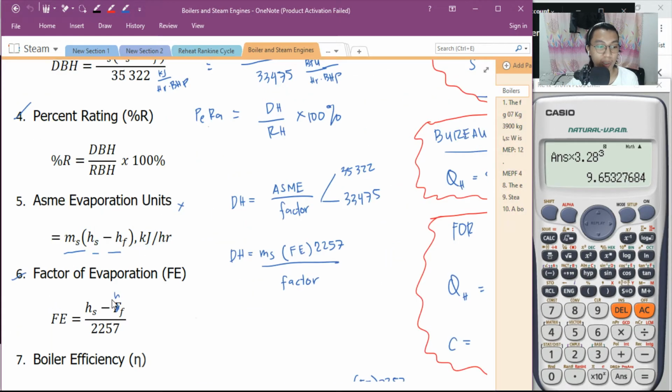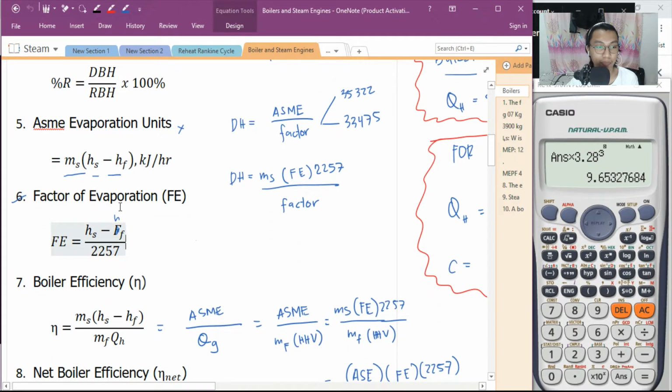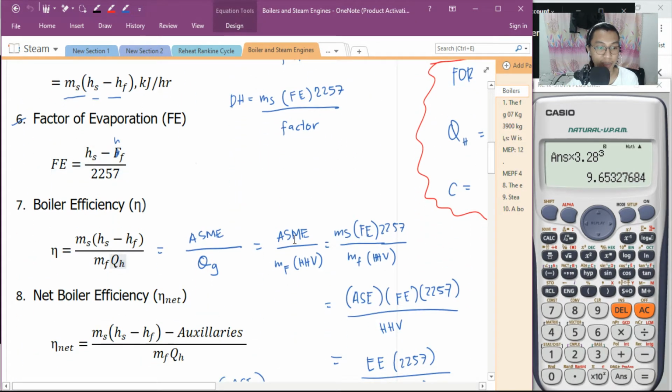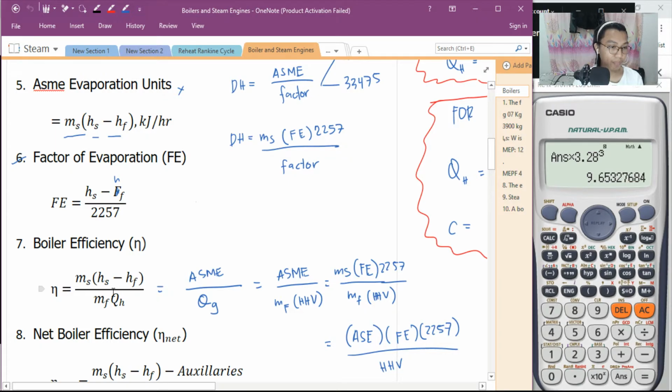Kailangan, babalik ka nung sa steam mo. Aalamin mo ang mass of steam. And then yung boiler efficiency. Mahanap mo sa boiler efficiency itong value ng HS and HF. Or yung HS, HF, mahanap mo sa FE, which is given naman.